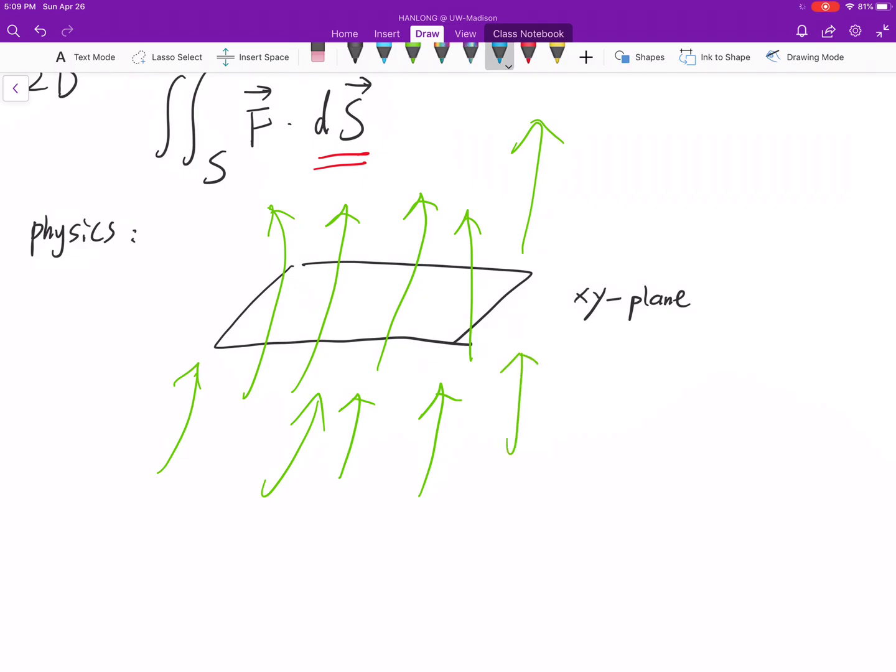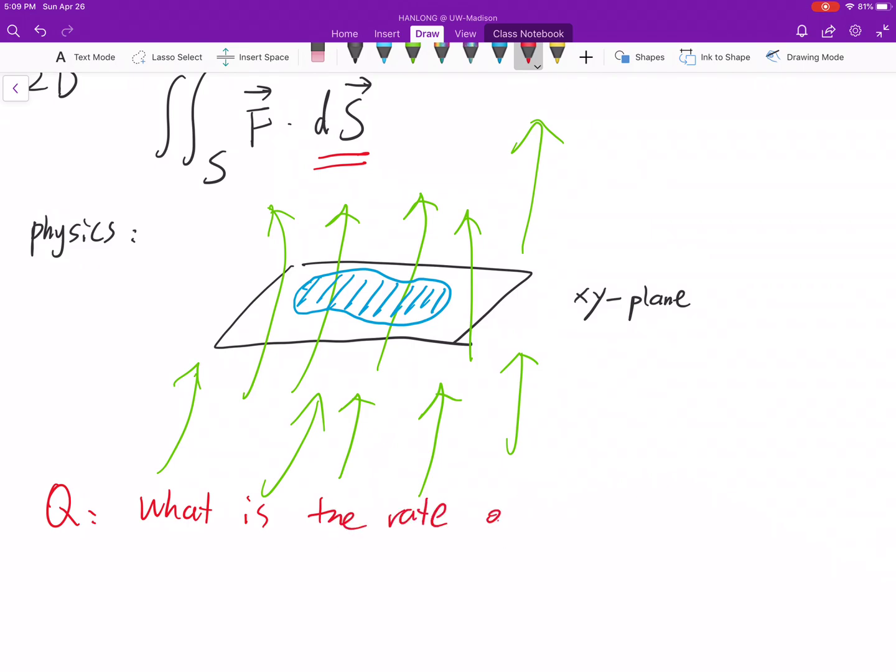Okay, then if you restrict to some domain in the xy plane, probably this one, then you might be interested in the following question. What is the rate of flow through, so let's call this S, through S.